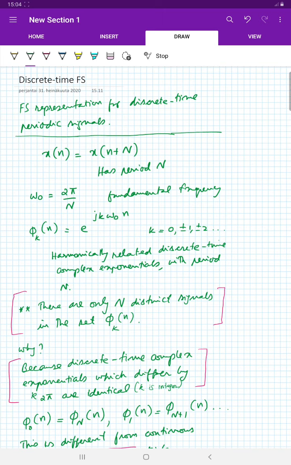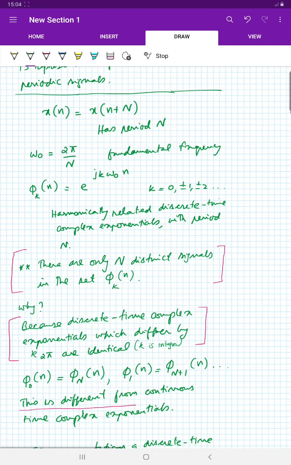Each has a fundamental period that is a fraction of capital N, just like in the continuous time case. But all these harmonically related complex exponentials are also periodic with period capital N, which is the period of the basic e raised to j omega naught n, where k is equal to 1.